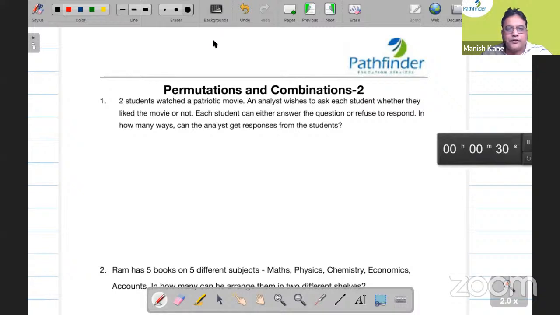Okay, now Disha says 3 square. So let us start solving this question.